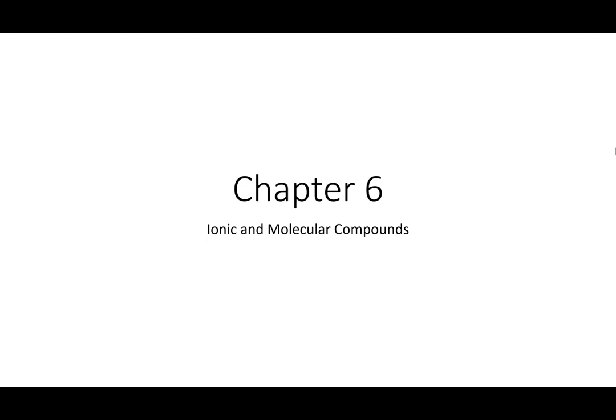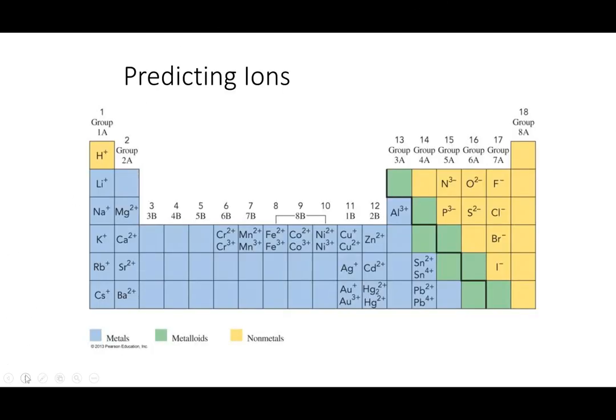So, ionic formulas today. In the last video, I left you with a graphic that looks something like this. Lots and lots of juicy information on this graphic. First, group 1, 2, 3, 4, 5, 6, 7, 8. That's how we predict valence electrons, and valence electrons help us to predict what types of ions form.